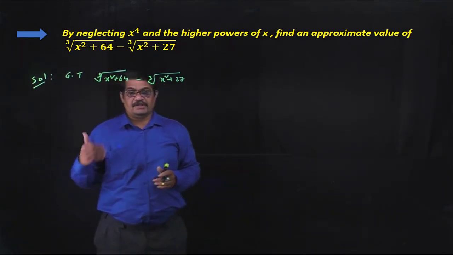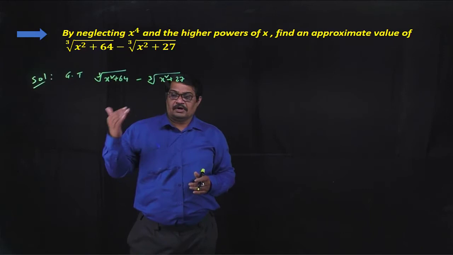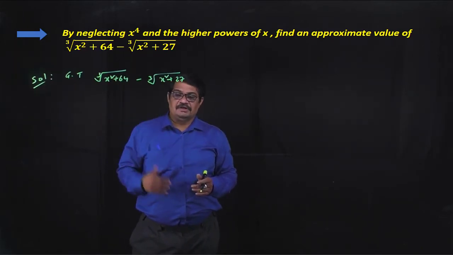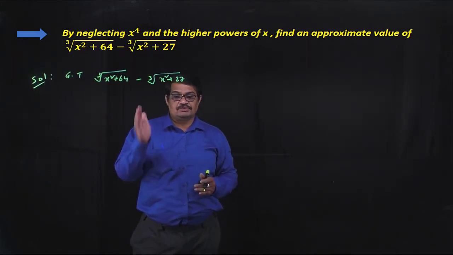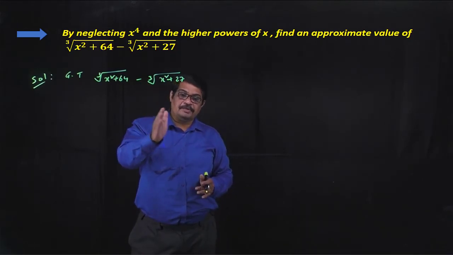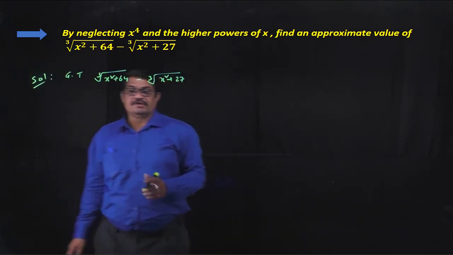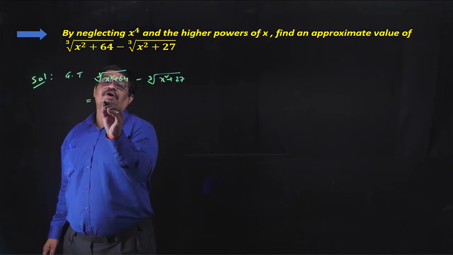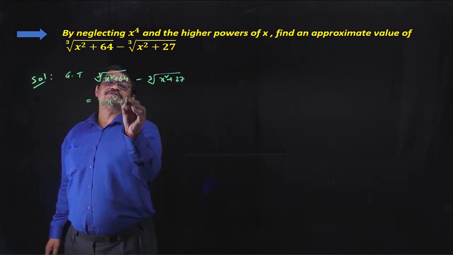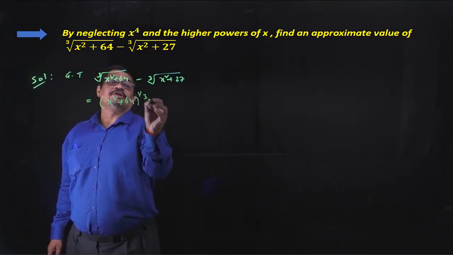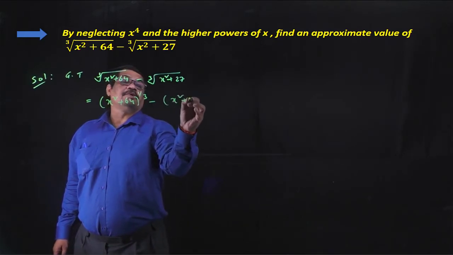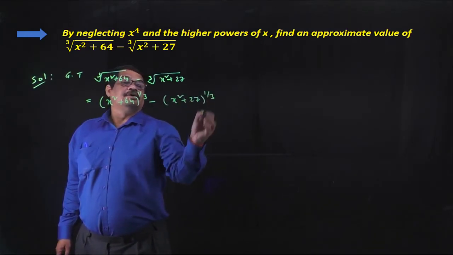Now we have to find the approximate value after expansion. In this expansion, x to the power of 4 and higher powers are neglected. Now this given expression can be written in the form (x square plus 64) whole power 1 by 3 minus (x square plus 27) whole power 1 by 3.